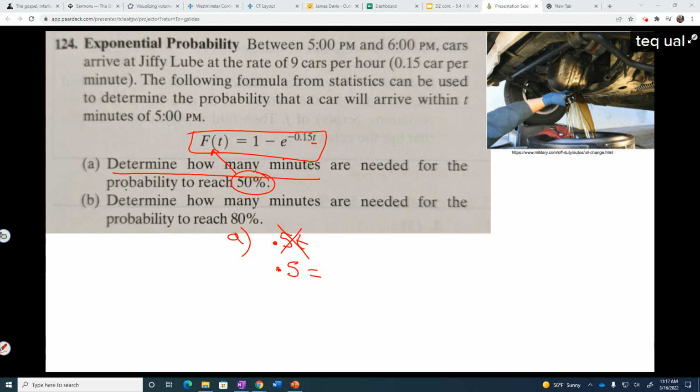And then we're going to be solving for time because it asks how many minutes. So it's a very similar setup. 0.5 equals 1 minus e to the negative 0.15t. And then we just have to do our inverse operations to solve for it. So what do we do first?